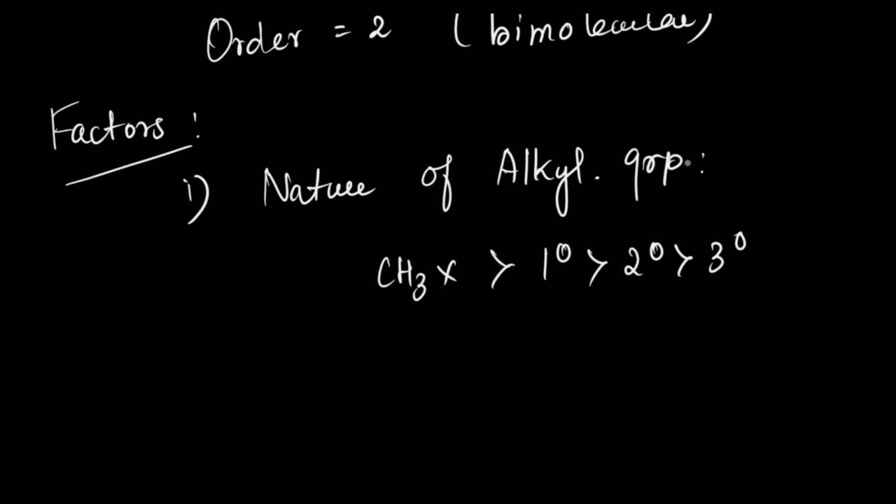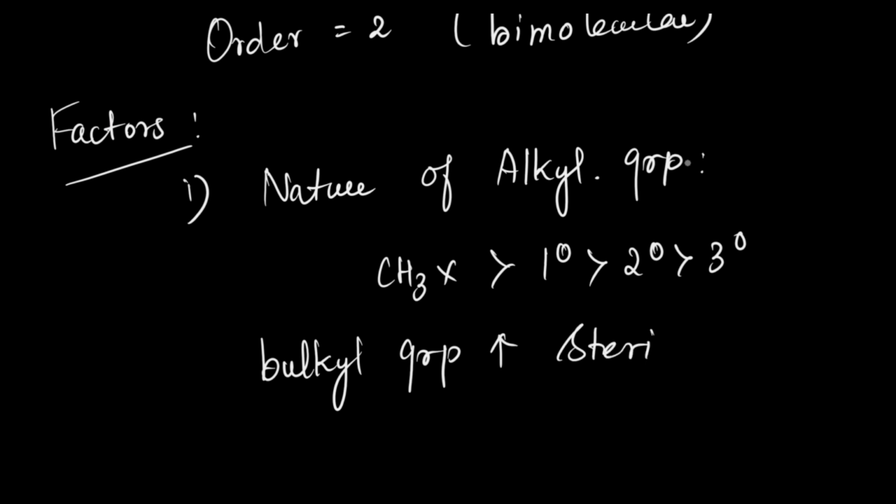Tertiary is mostly favored by SN1 instead of SN2. Why is this happening? Because of the bulky groups present in tertiary, which cause steric hindrance, so the nucleophile can't attack if the group is already bulky. So the rate decreases.